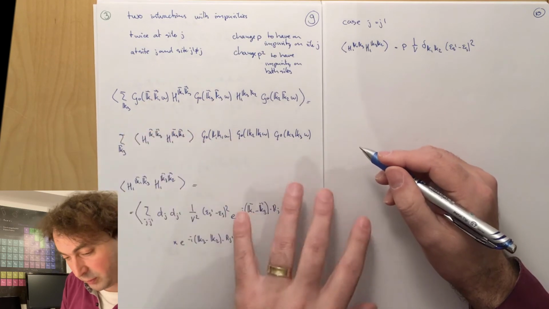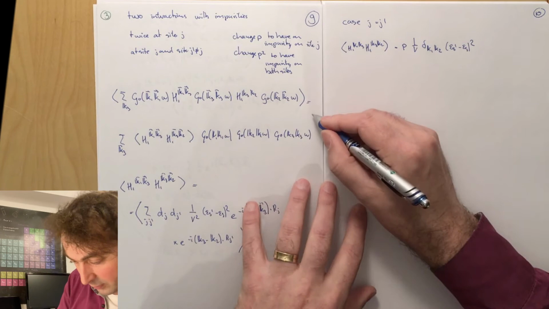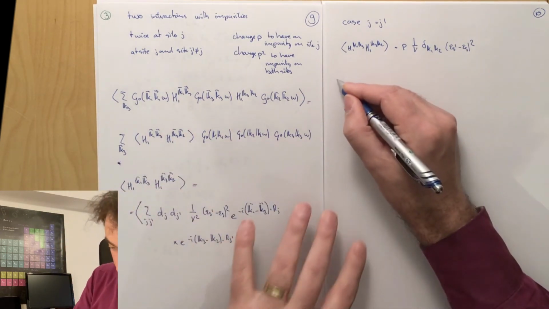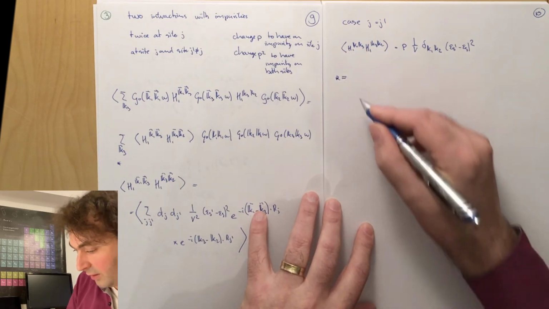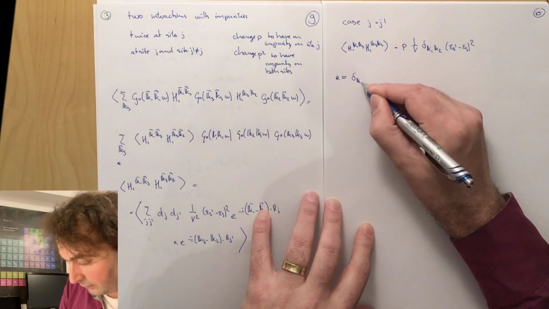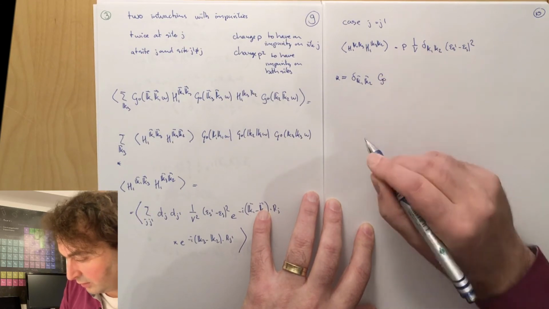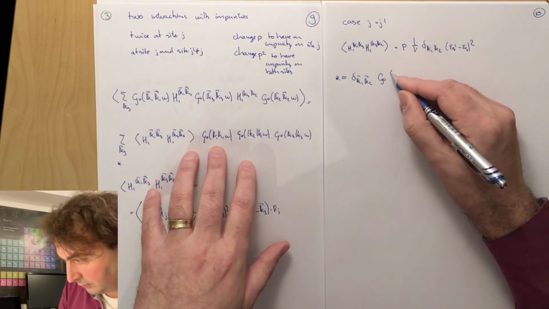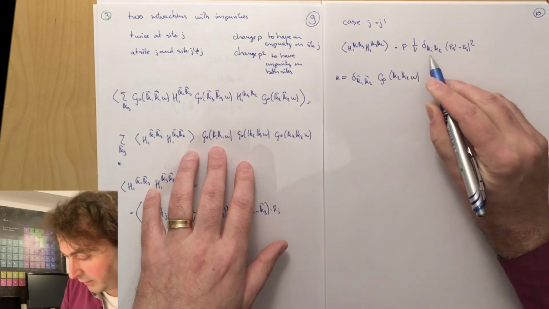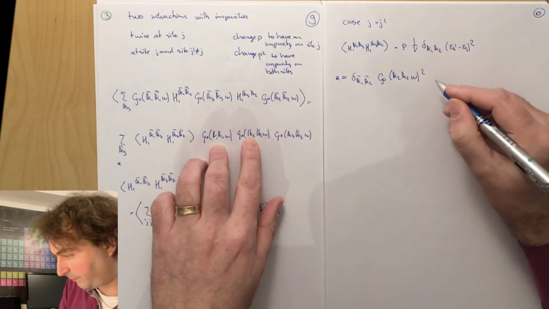With that we can go back to the original problem, which is equal to delta k1 k2, G0, k2, omega, and k1 is equal to k2, so we have this one twice.